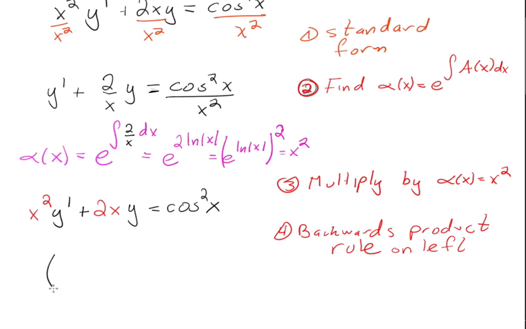If I write that as a product rule, it's equal to the derivative of x squared times y, because I have the first times the derivative of the second, and then plus the derivative of the first times the second. You guys with me? Yeah? Okay. So this is equal to cosine squared x. And then?